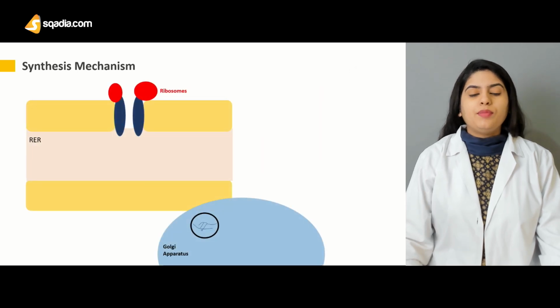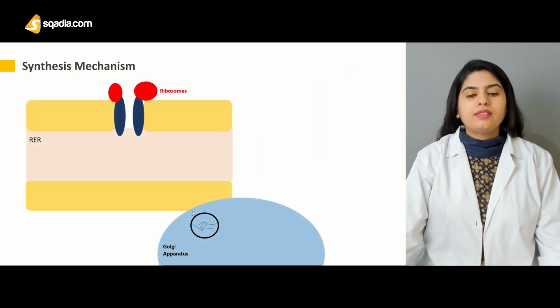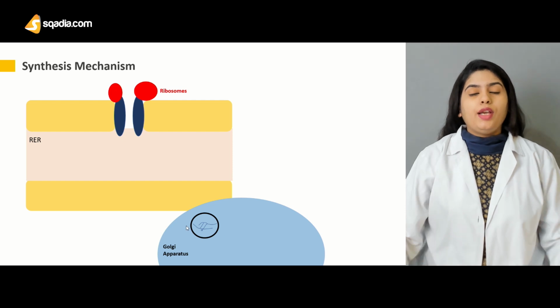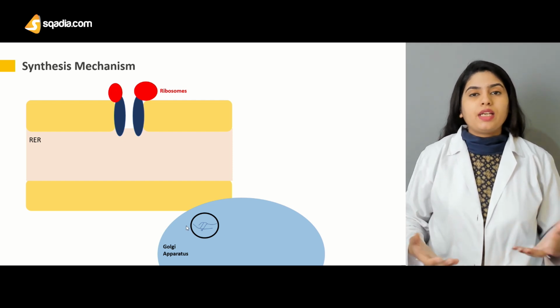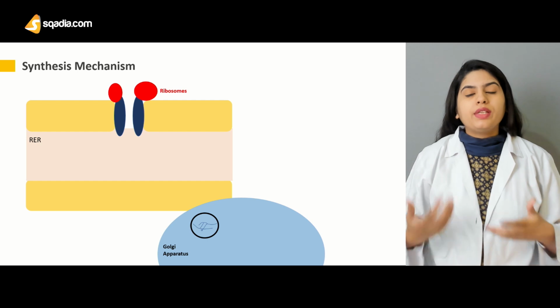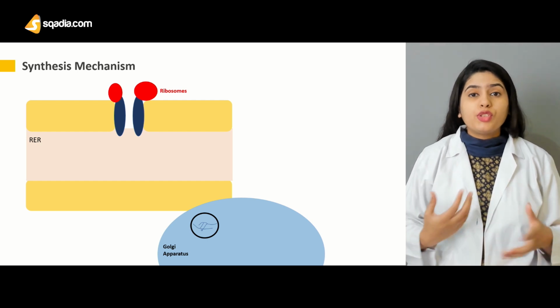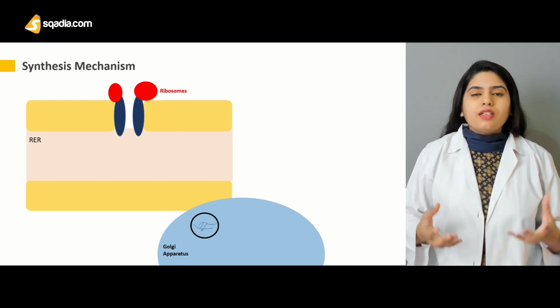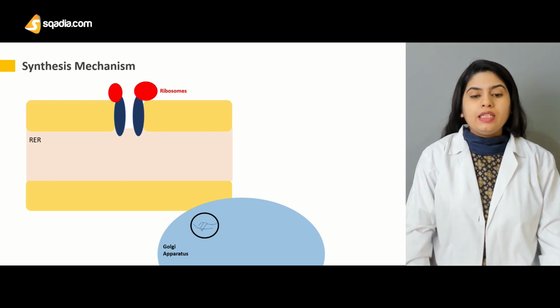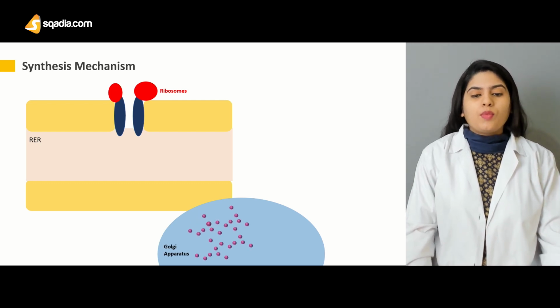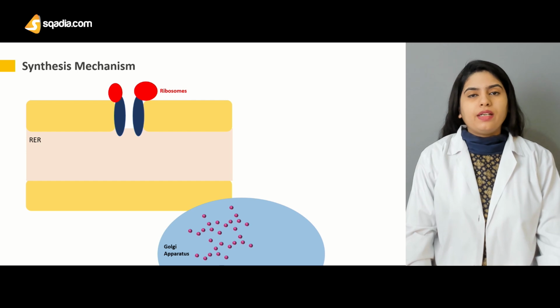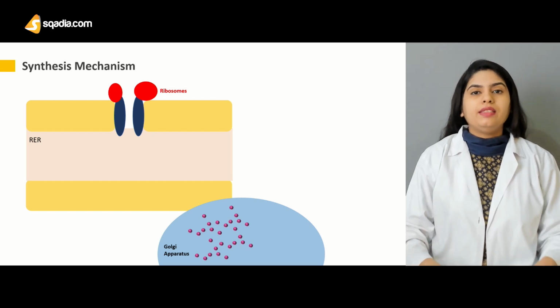Now, the mature insulin has been synthesized inside this immature vesicle. Along with the synthesis of the mature insulin, the vesicle also matures, and ultimately the firm granules are formed, which are then stored inside the cells.